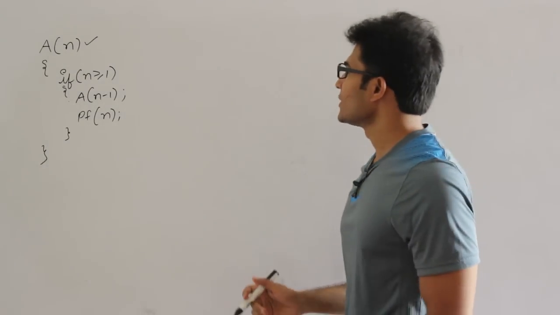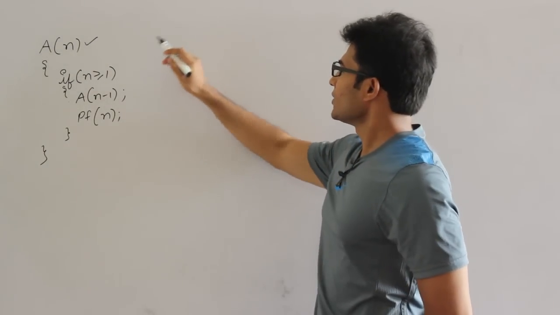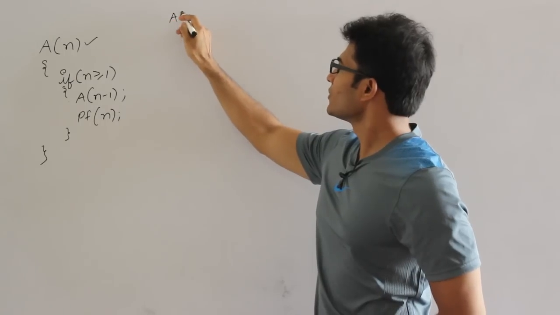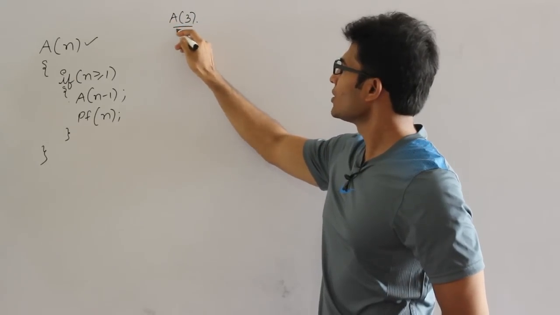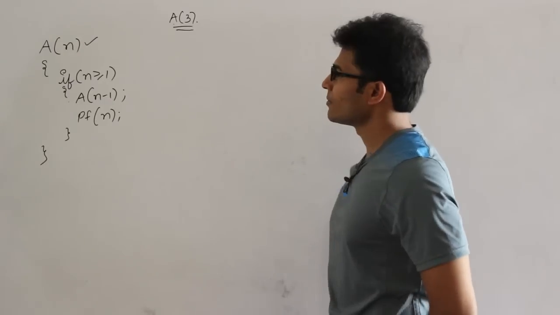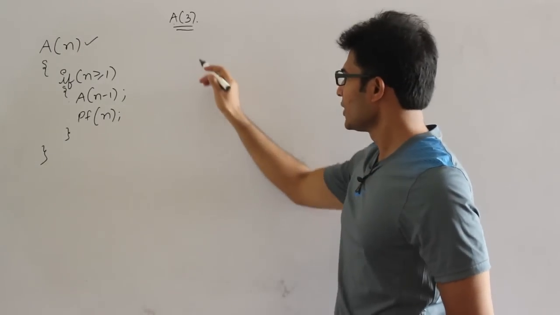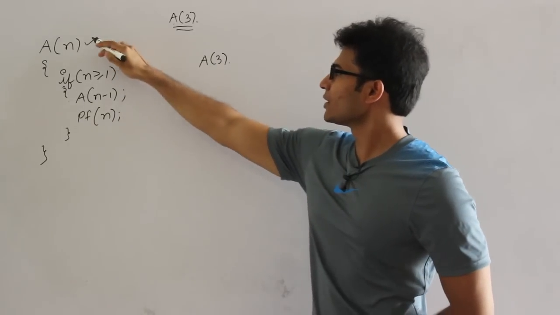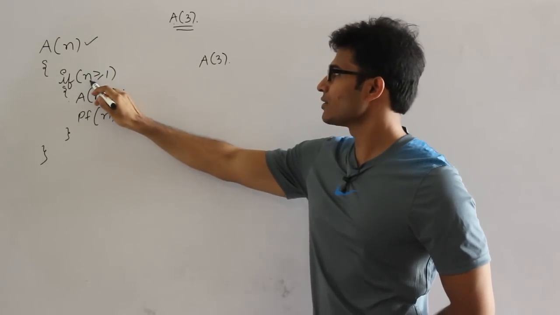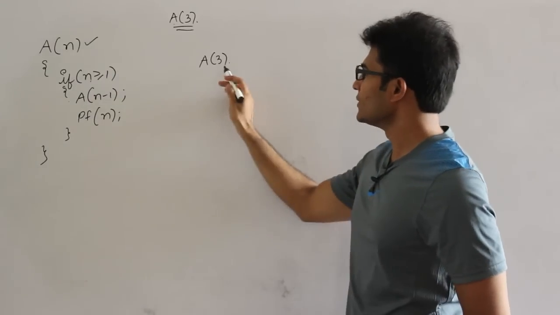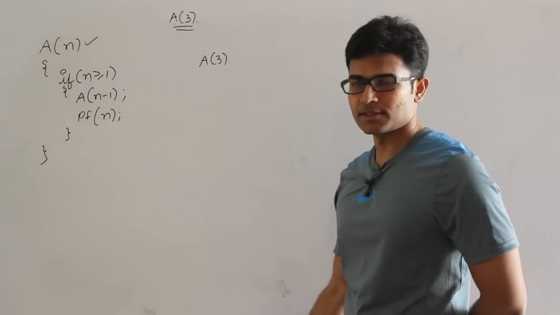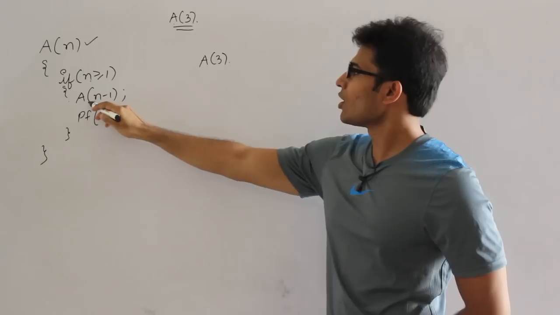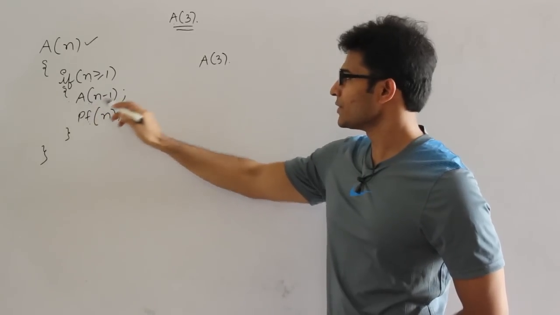Let us say the program is A of 3, which means I want to call this program A on the number 3. Initially you are calling A of 3, then what happens? A of 3 will get inside and check if n is greater than or equal to 1. Is 3 greater than or equal to 1? Yes. Therefore it is going to call this one and execute these two lines.